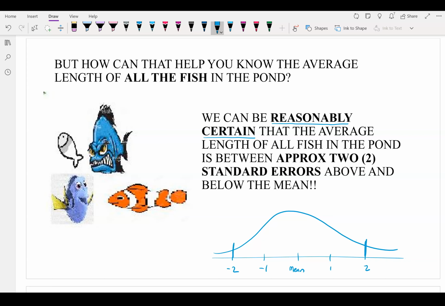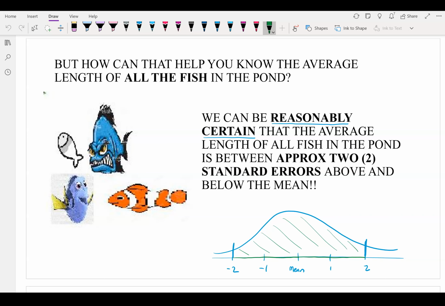As long as we're dealing with samples and we've got our standard errors done correctly, as long as we're within 2 standard errors below and 2 standard errors above, this is all usual. So we can actually make a lot of deductions about the average length of the fish as long as they're within this range.